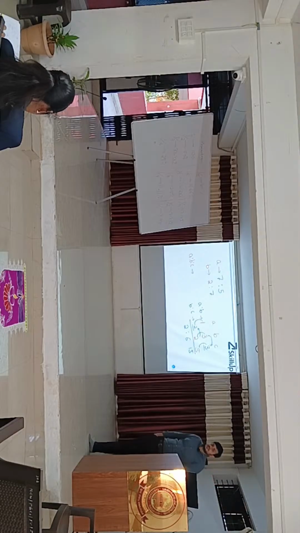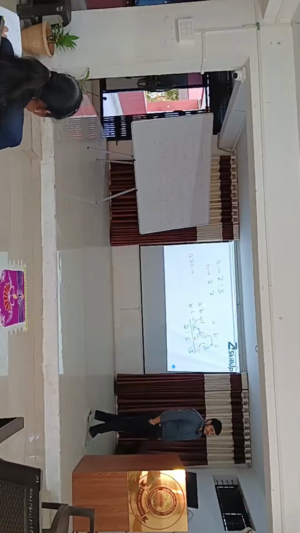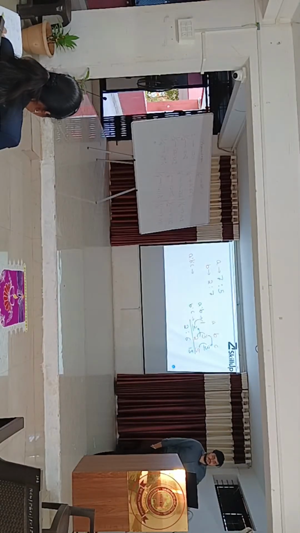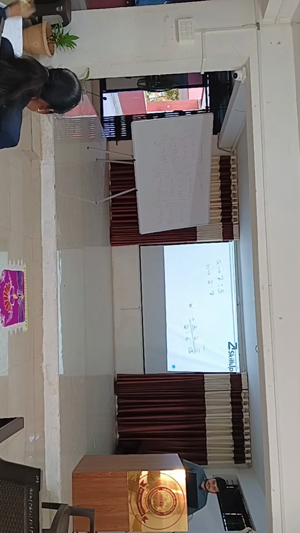A is to B is 7 is to 5, and B is to C is 2 is to 7. What is A is to B is to C? 14, 10, 35. Multiply by the common number. Guys, listen here.